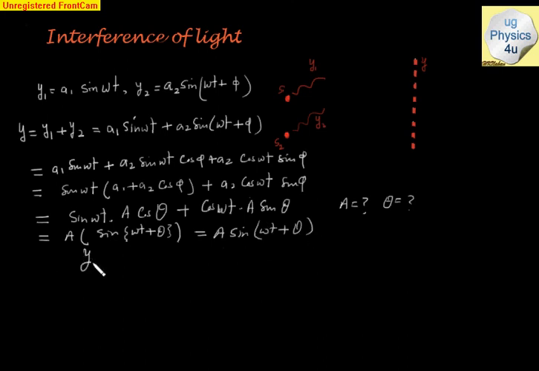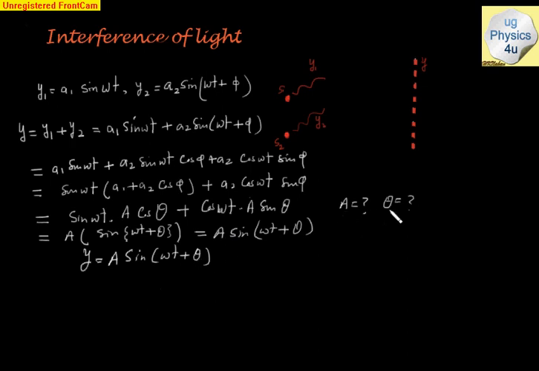So this is the resultant of the superposition of the two waves, sine omega t and sine omega t plus phi. When these two waves superimpose on the screen, we get a net superposition result, and it will depend upon this amplitude A and this theta, not phi.